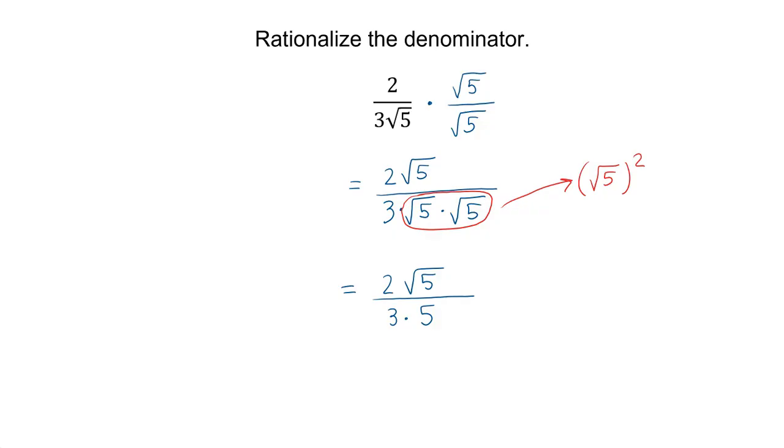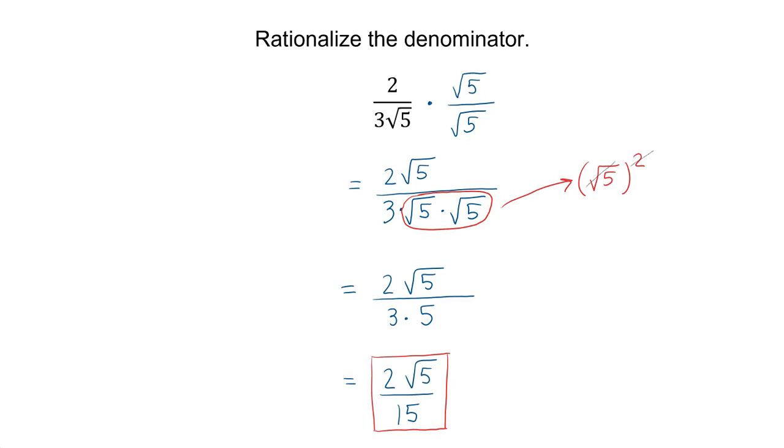Just like adding and subtracting are opposites, multiplying and dividing are opposites. And the operations of taking the square root of an expression and squaring it are opposites. So the square root of 5 squared is just 5. So in our denominator we have 3 times 5. And that gives us 2 times the square root of 5 over 15.